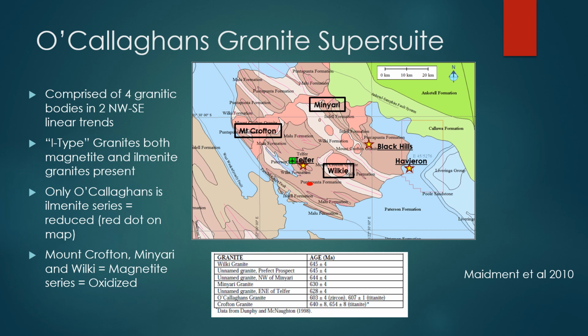The oldest granites are the Mount Crofton and Wilkie granites, at 645 in this table by this paper, and the O'Callaghan's is the youngest at 605, which is more reducing. So it appears that over time, these granites have started as oxidized and have become reduced, which could reflect a change in magma composition or potentially different reactions with the wall rock.